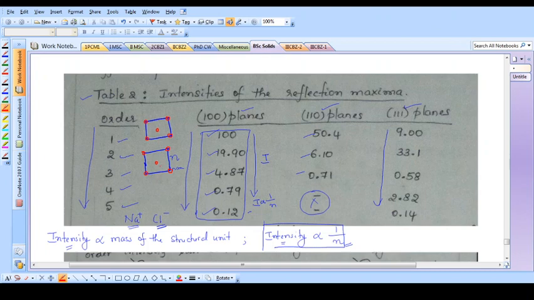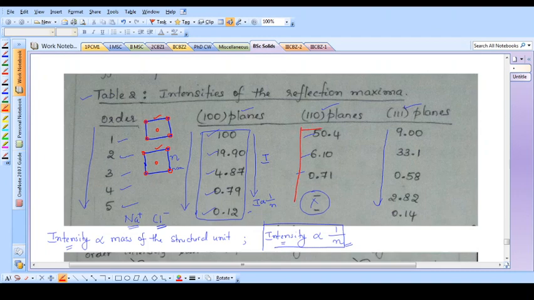So mass has the same effect on the intensity. Whether it is this plane or this plane, the mass is the same. So the effect of mass on the intensity is the same in both the planes. So the intensity now depends only on n. Therefore, from this data, we are able to conclude that each of the 100 planes in sodium chloride consists of the same arrangement of ions. Now let us look at the 110 plane.